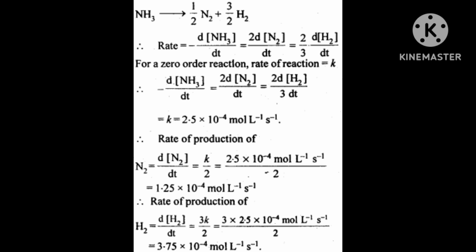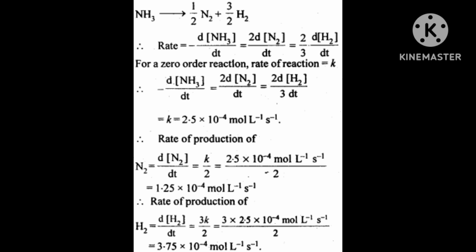Then tan theta is equal to p upon b, and tan theta is actually the slope. That slope is equal to minus k.